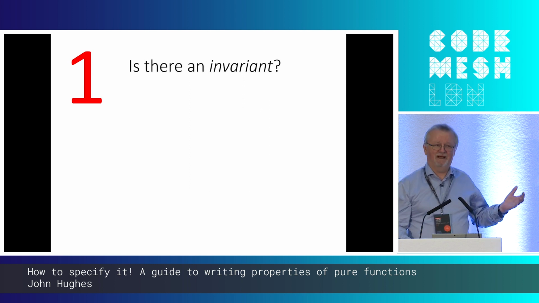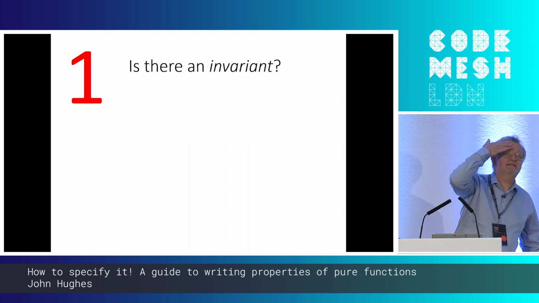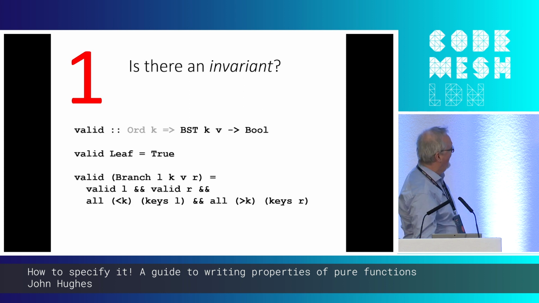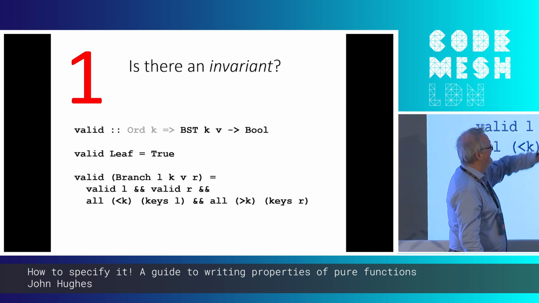And I said that these are binary search trees, right? So, you know, we remember data structure classes some years ago. There should be an invariant that they satisfy. Let me just write a function to check that invariant. Here it is. A leaf tree is always valid.